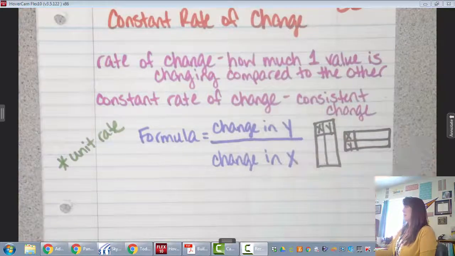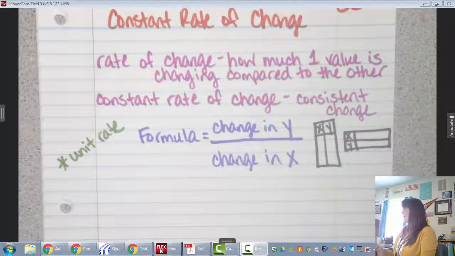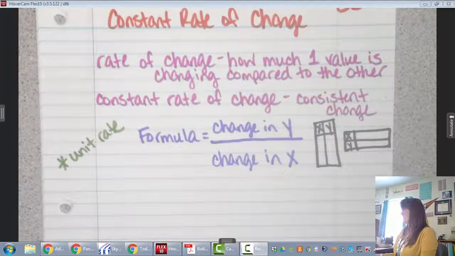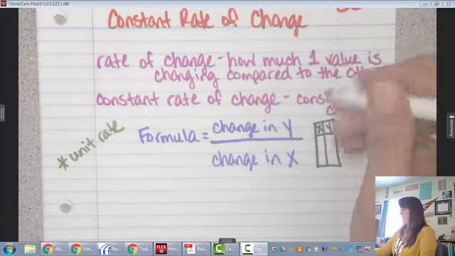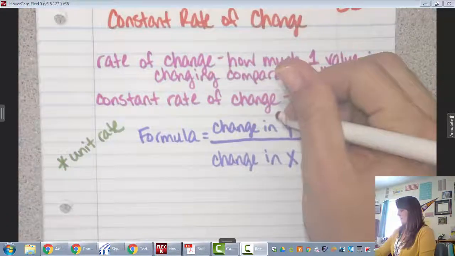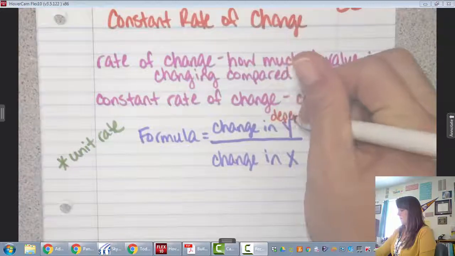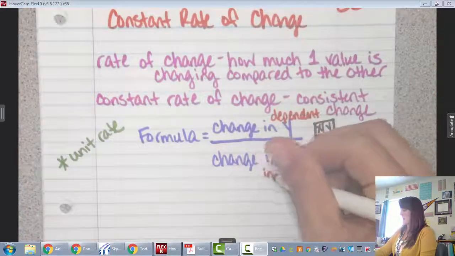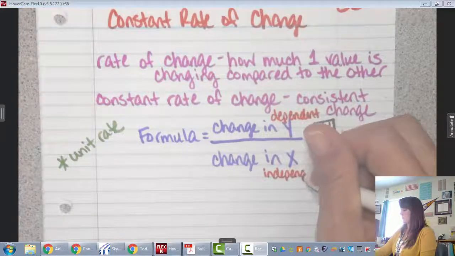So, like time, or like how much you're going to buy. If the shirt is $6, if I buy one shirt, it's $6. So the price is dependent on how many shirts I'm going to buy. So the Y value is the dependent variable, and the X is independent.